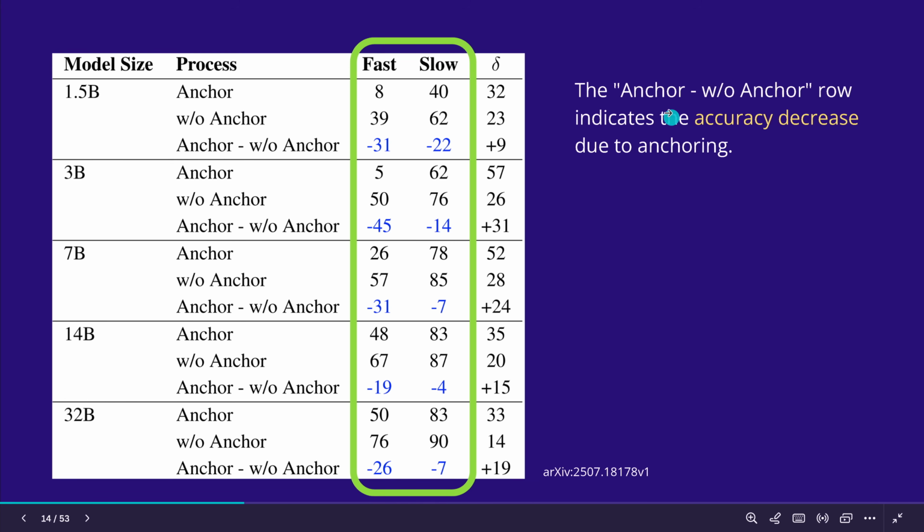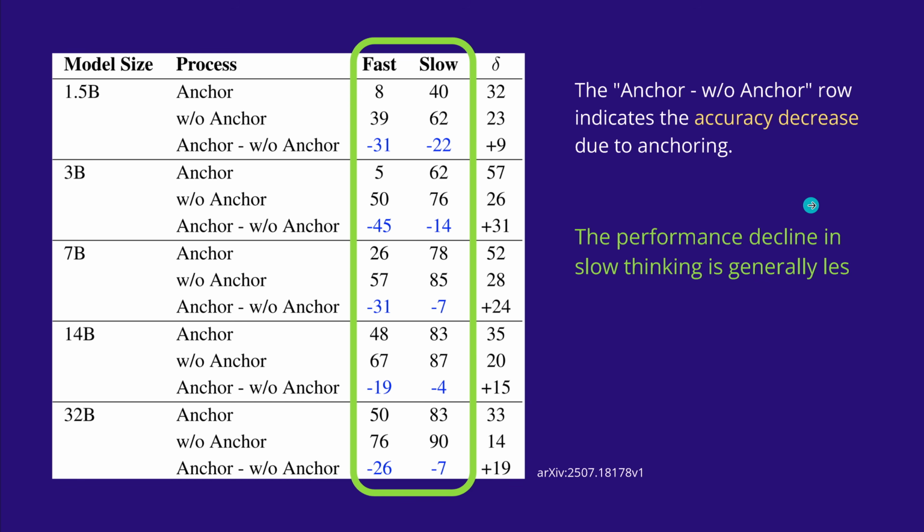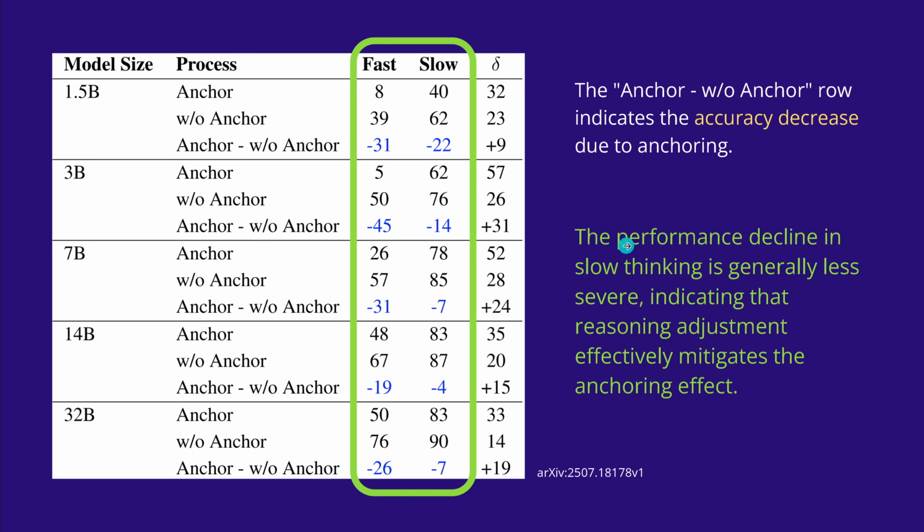Interesting. So the anchor minus or without anchor indicates here the accuracy decreases due to anchoring. So we have a massive bias. And the performance decline in slow thinking is generally less. You see here the blue line here, the blue numbers here. In general, less severe, indicating that reasoning adjustment effectively mitigates here the anchoring effect. So we have to take care about this.